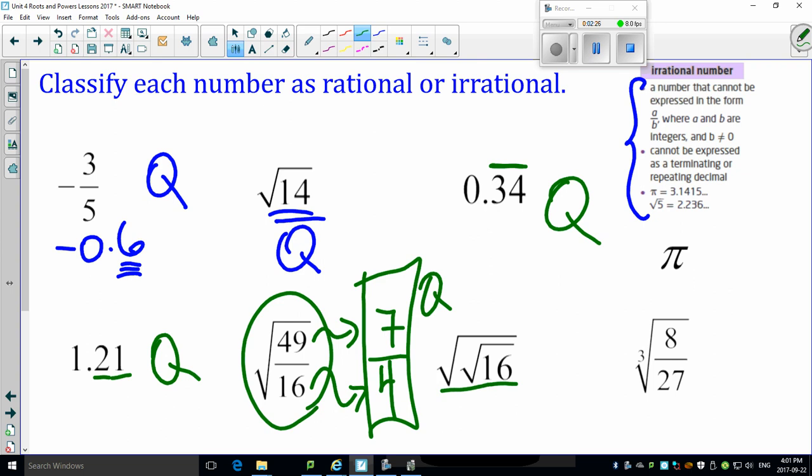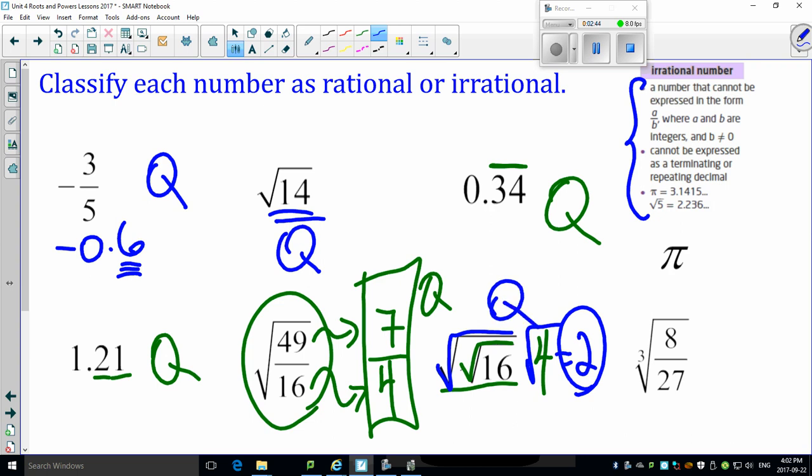Oh my goodness, this sounds really difficult. That's not either. This is a square root of 16. The square root of 16 is 4, but we're going to square root it again. The square root of 4 is 2, and guess what? That is just a plain old number. That, in fact, is a rational number. That's the Q.